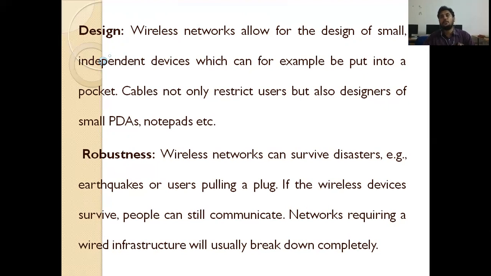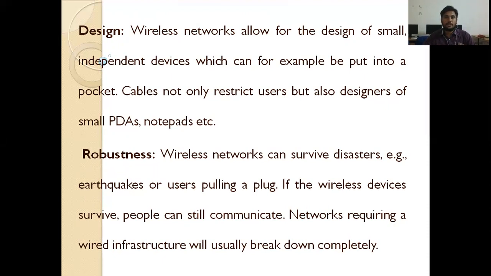And the next one is robustness. Wireless networks can survive disasters, for example, earthquakes or a user pulling out a cable. If any disaster happens in any location, mostly the wired connections are destroyed.